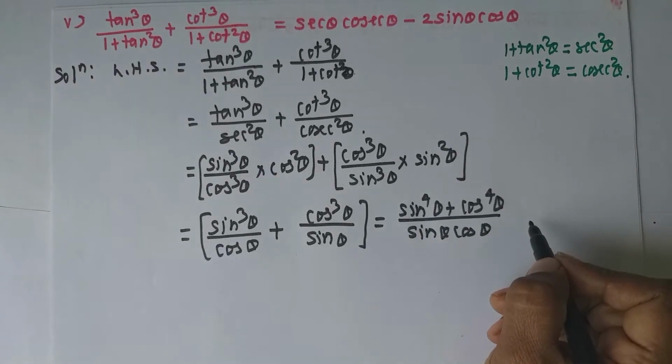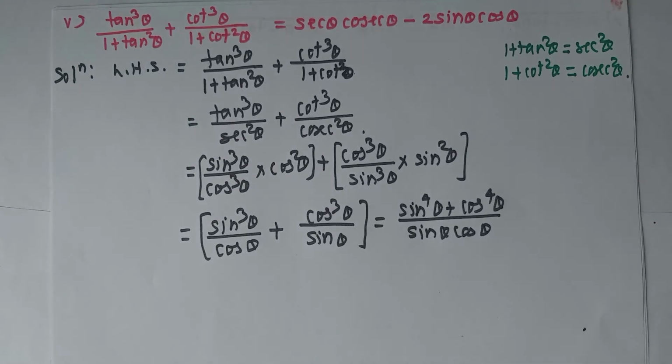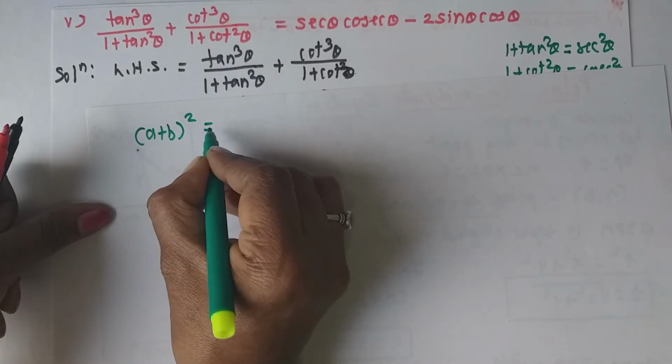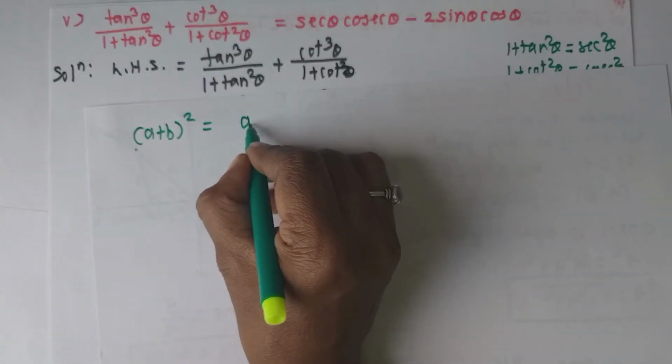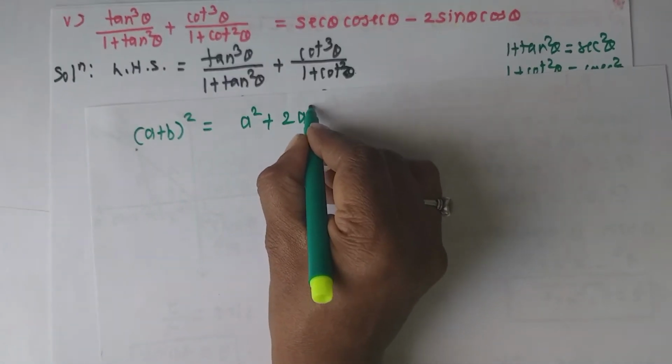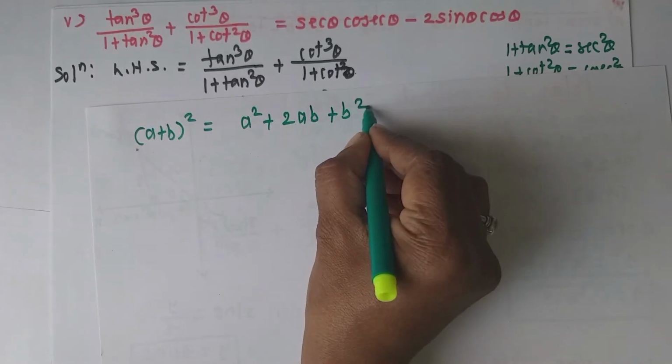Now to simplify this, we will use the property which we have studied in your earlier standards. See here, you know the expansion of a plus b bracket square. What is its expansion? Its expansion is a square plus 2ab plus b square. Okay.